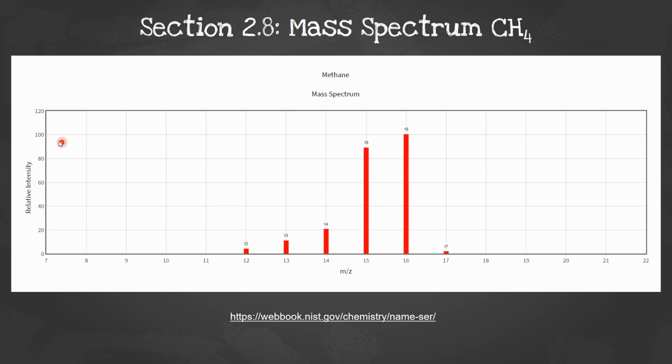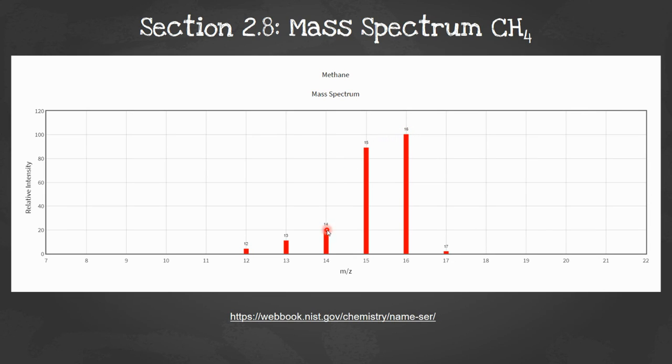So the greatest relative intensity is of the full molecule here. What is this peak due to? Can anybody guess? This peak would be due to carbon with one of those hydrogens being a deuterium, but more likely this is carbon-13 with 4 regular hydrogens. Okay, and I also wanted to point out that these don't add up to 100%.